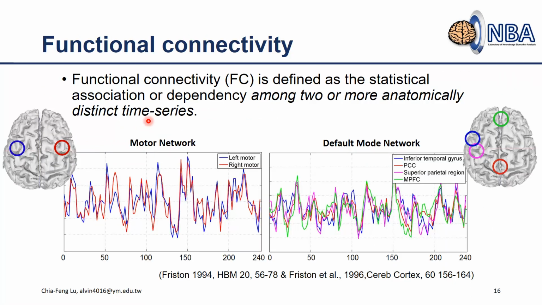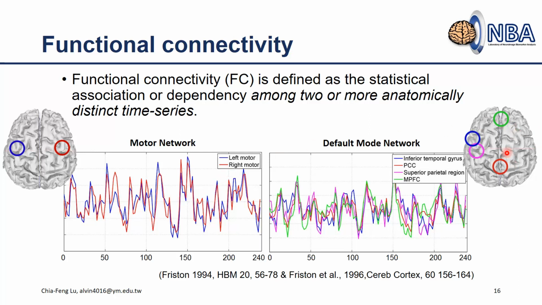As I mentioned before, functional connectivity is simply a statistical association or dependency between 2 or more anatomically distinct regions. I already took this as an example before, that we can just pick motor regions in different hemispheres. You can see the temporal profiles, and both signals are pretty similar with each other.